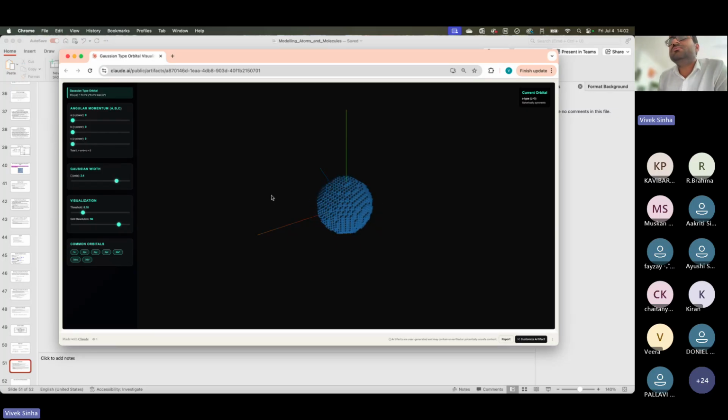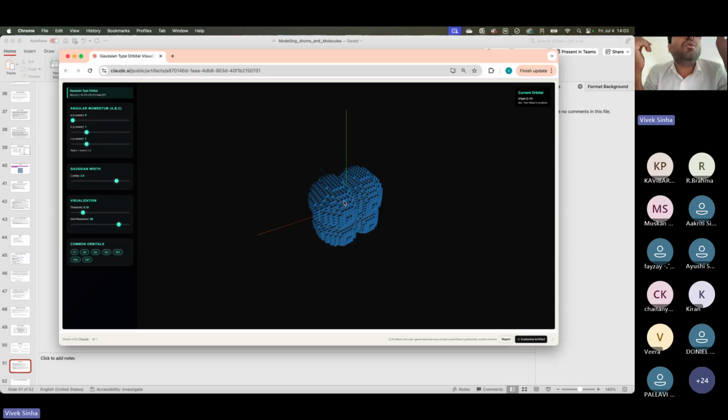So what shape is this? Anyone? Spherical. This is spherical. It represents an s orbital. If I increase a little bit, this becomes like a p orbital. If I add some more angular momentum to it, this becomes like a d orbital.